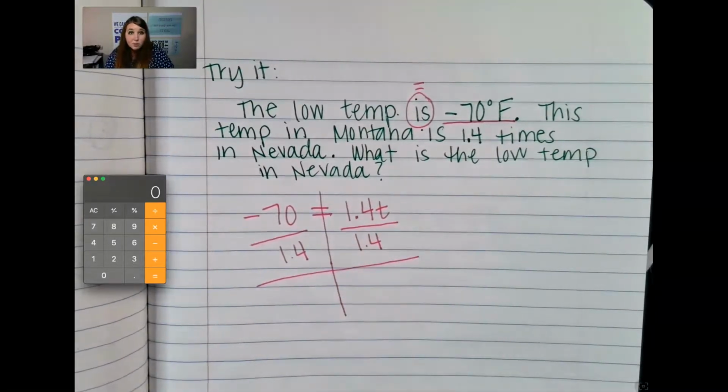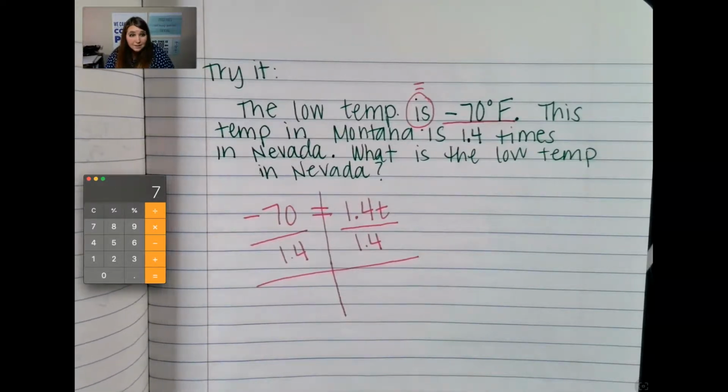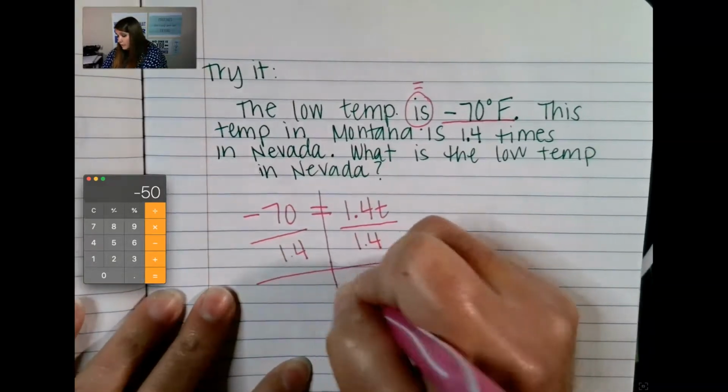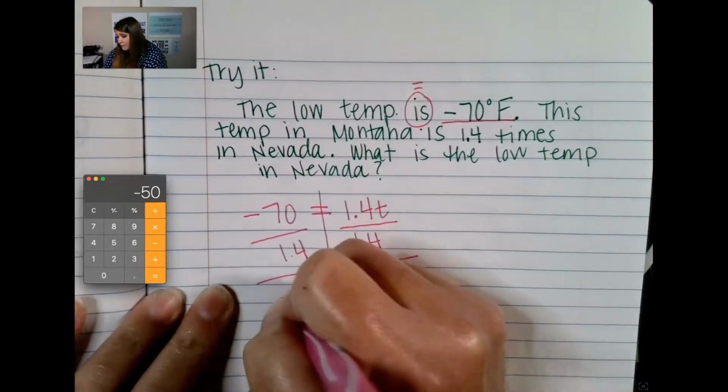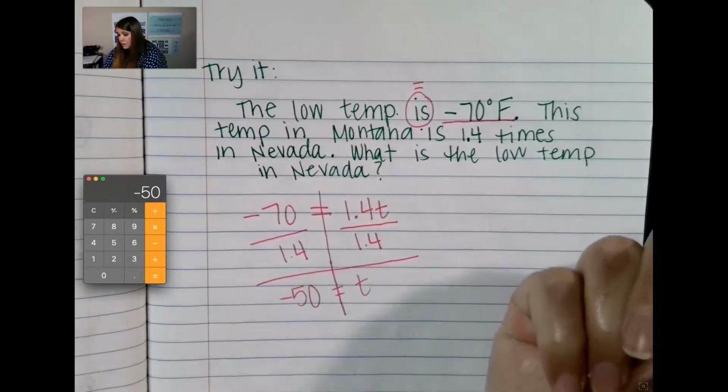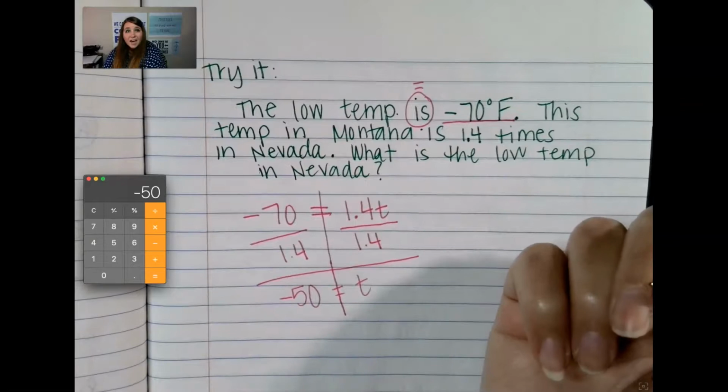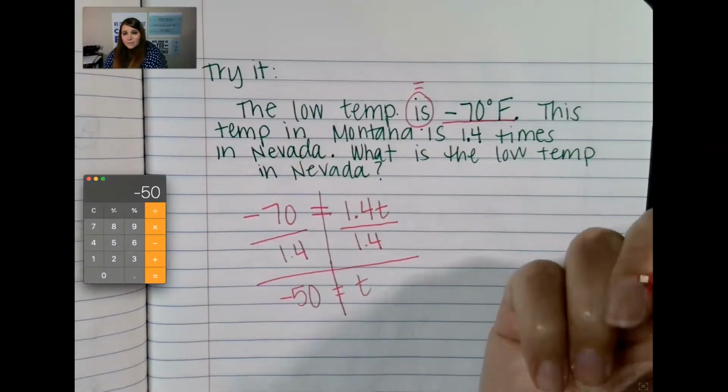So it's -70 divided by 1.4, and that gives us T equaling -50 degrees. Wow, that is really, really cold.